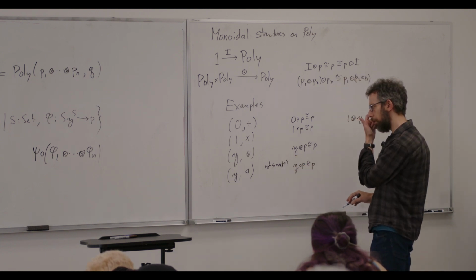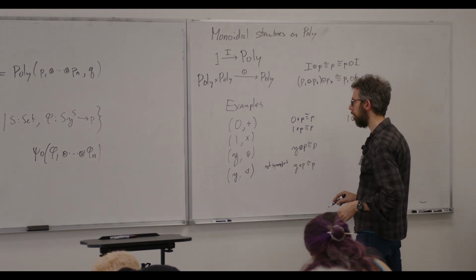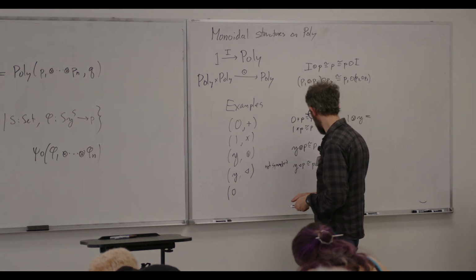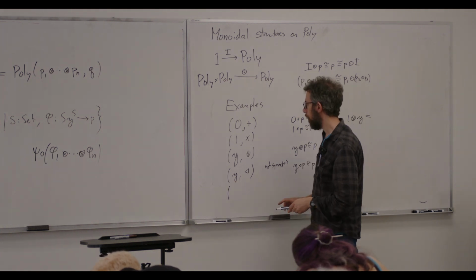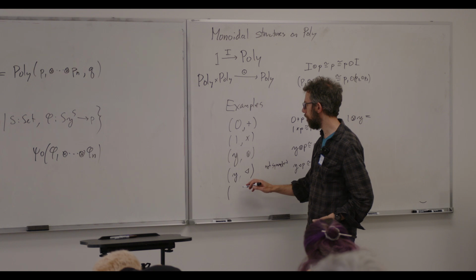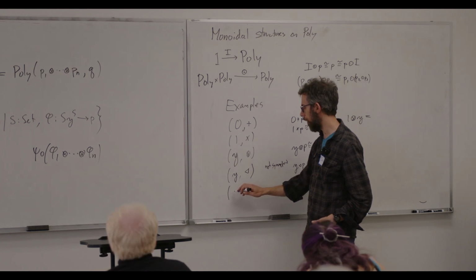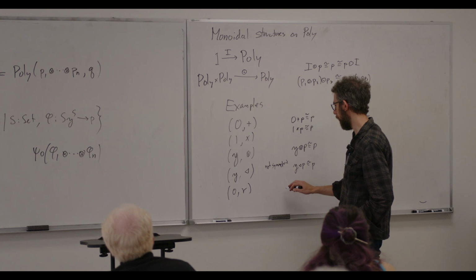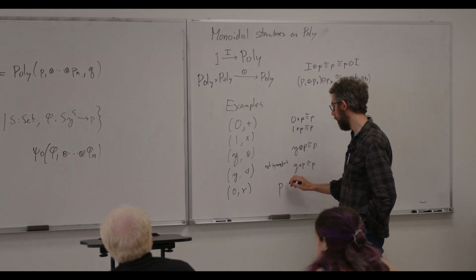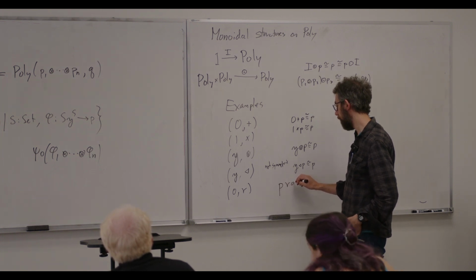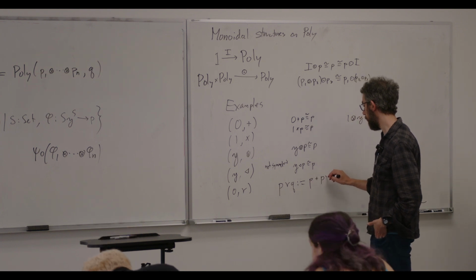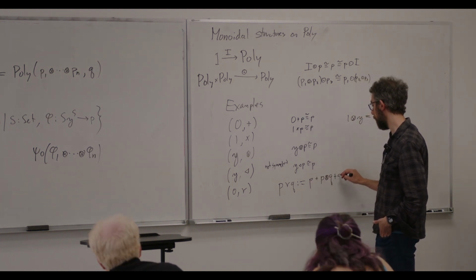And there are more too. The most useful one I've found that isn't these is, why am I blanking? I think it's 0 v, so this one is p v q is p plus p tensor q plus q.